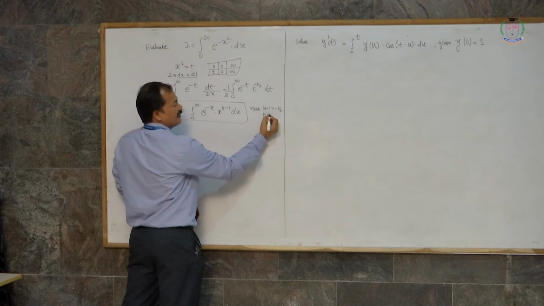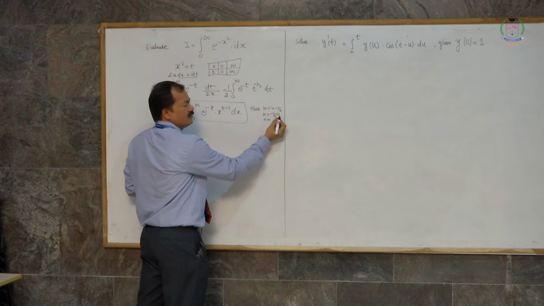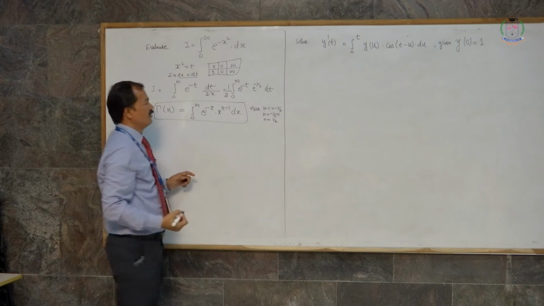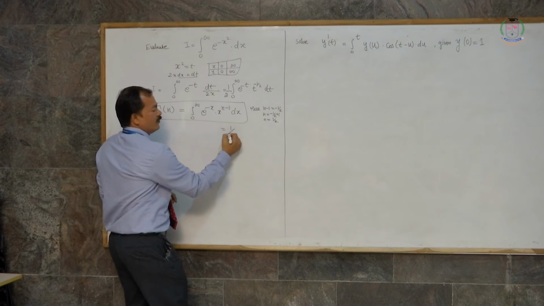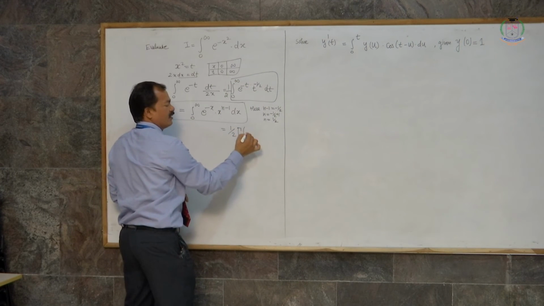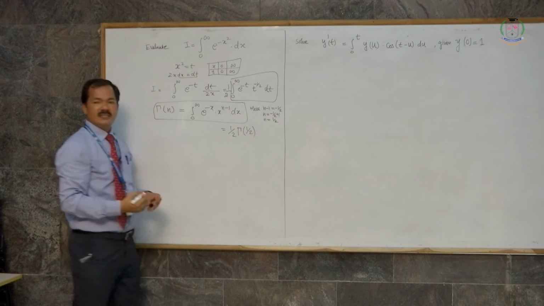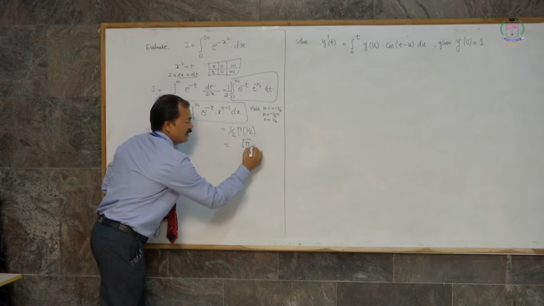So, what is that n? Minus half plus 1. So, n is equivalent to 1 minus half, which is half. So, this can be written as 1 over 2 into gamma of half. What is gamma of half value? It is root pi, so the answer is root pi upon 2.